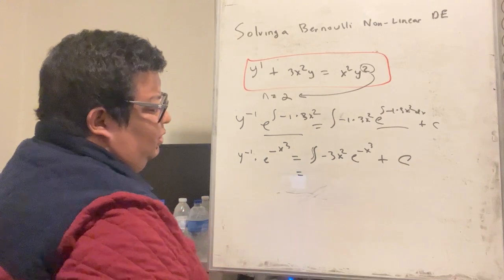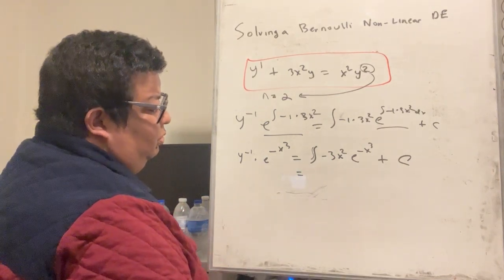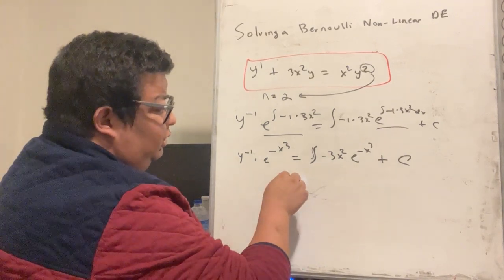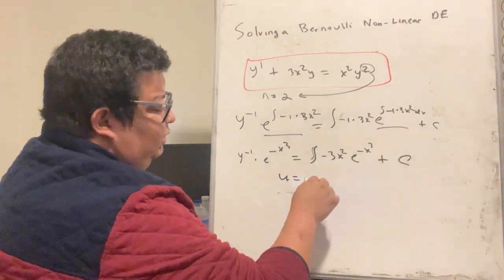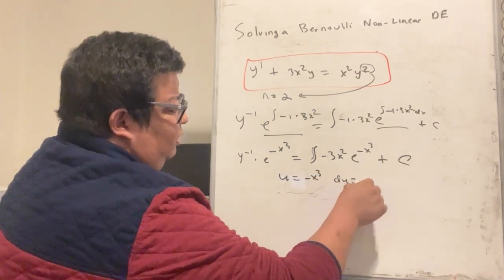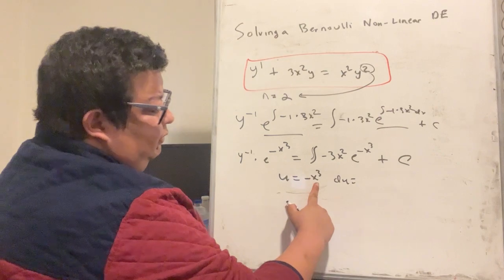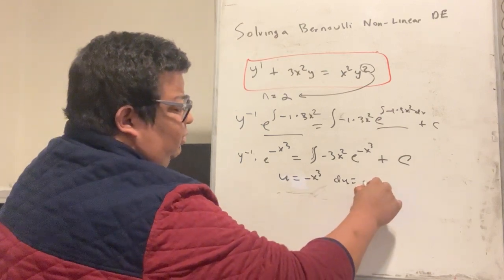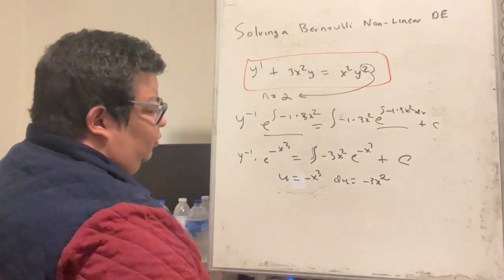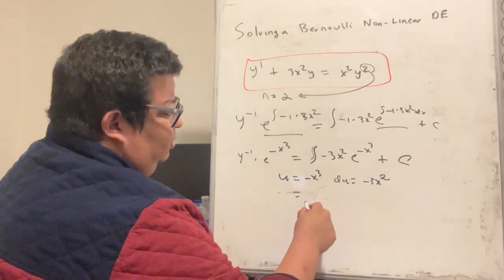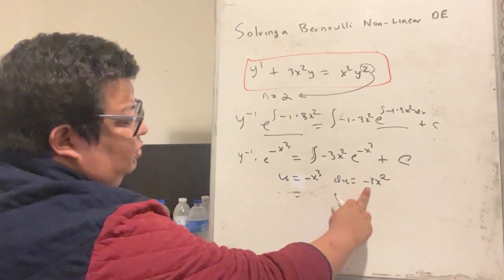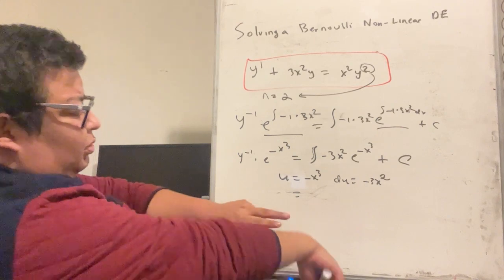Then the right side becomes, so now we need to do a u substitution here. Let u equal negative x cubed, and let du equal the derivative, which is negative 3x squared dx.